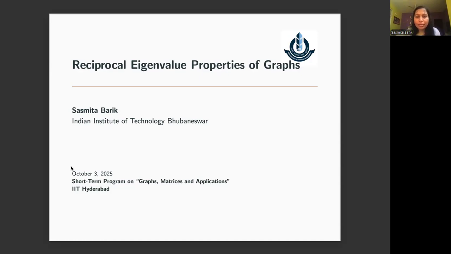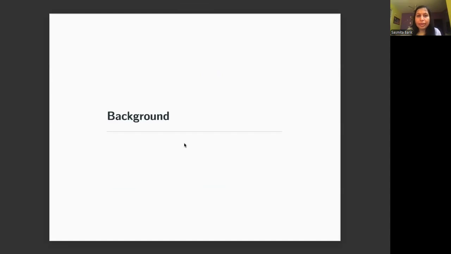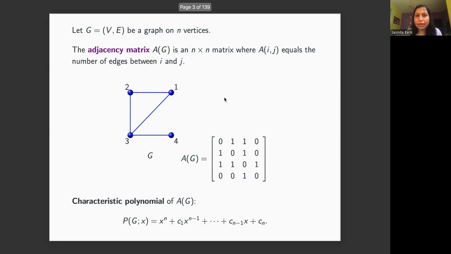So as I told, this is based on the adjacency matrix and its eigenvalues. Background already, I think many things you know because about the adjacency matrix you have read a lot of things. So I'll just again recall so that we can use certain fundamental properties.